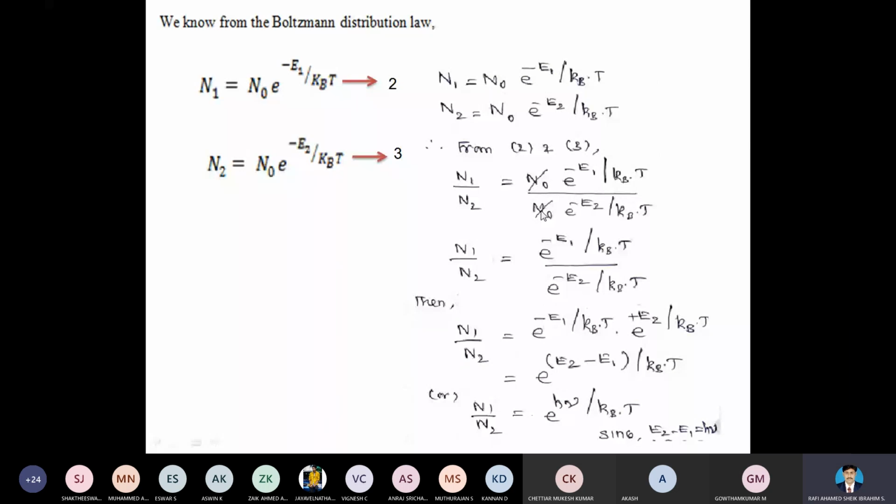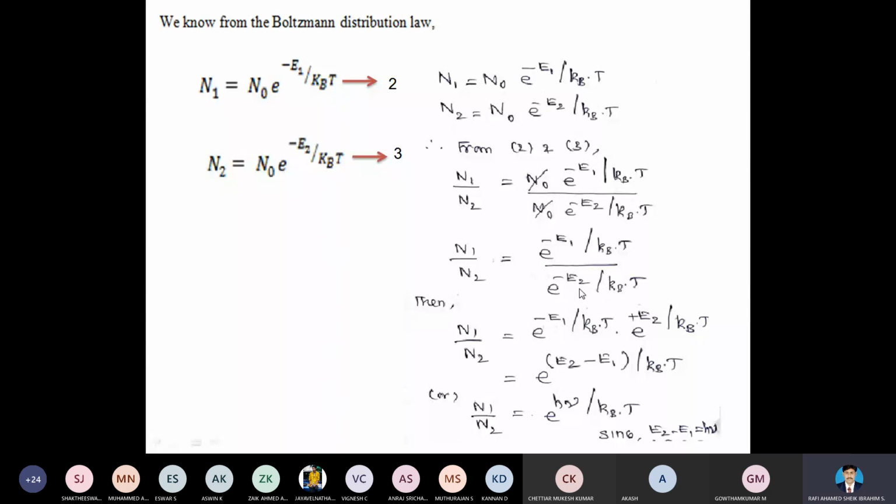Cancel the common term N naught. Then we get N1 by N2 is equal to e power minus E1 by kBT divided by e power minus E2 by kBT. Next I am bringing this e power minus E2 by kBT to the upper side.